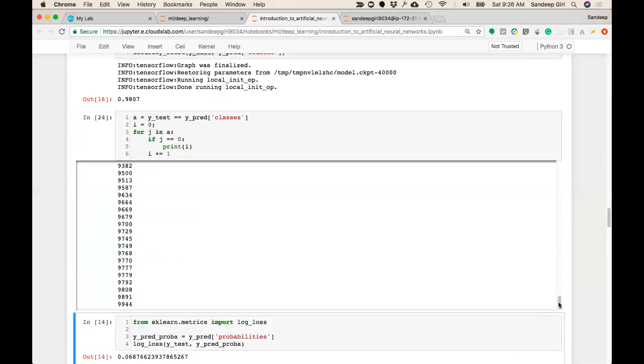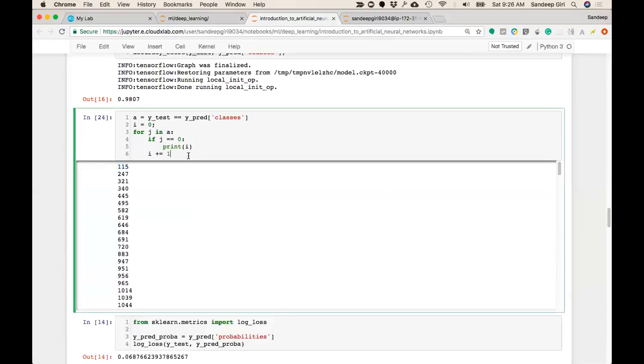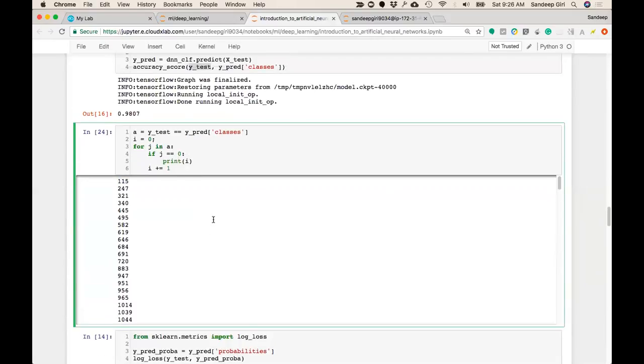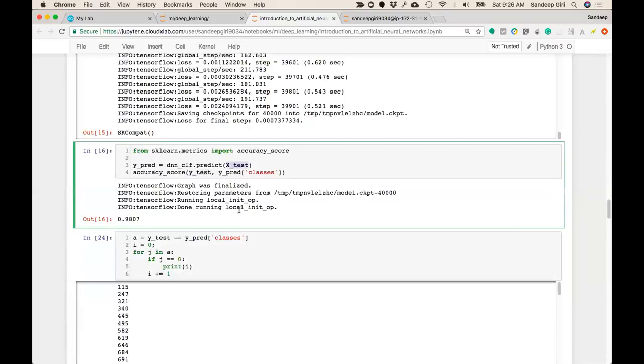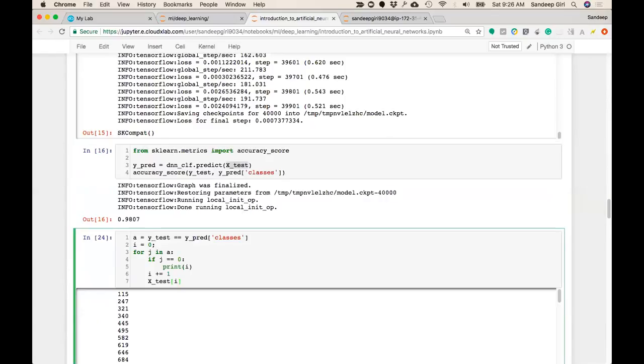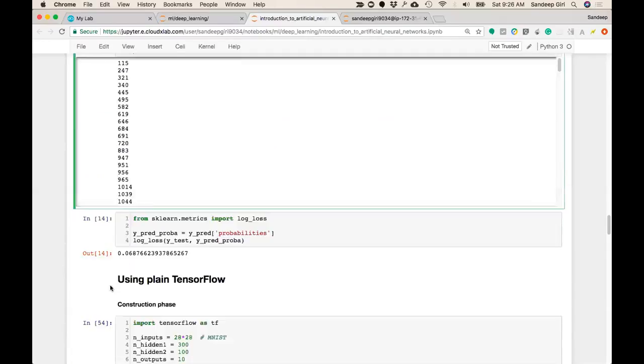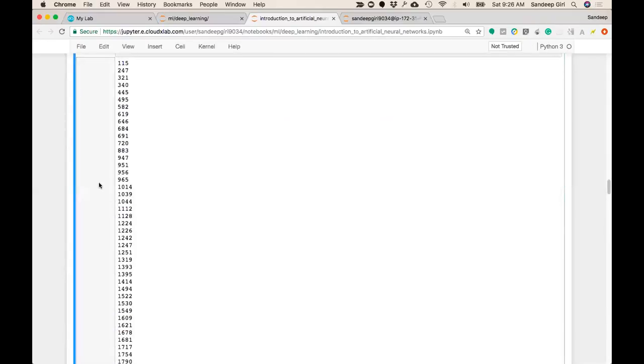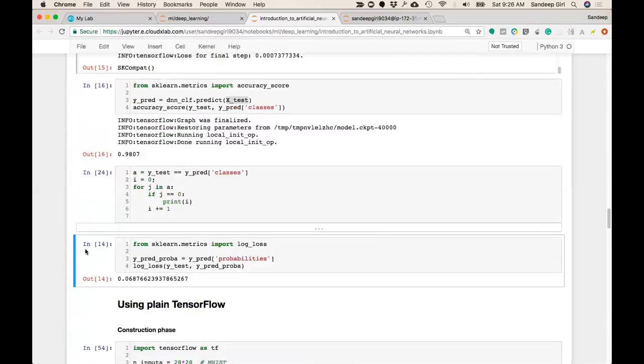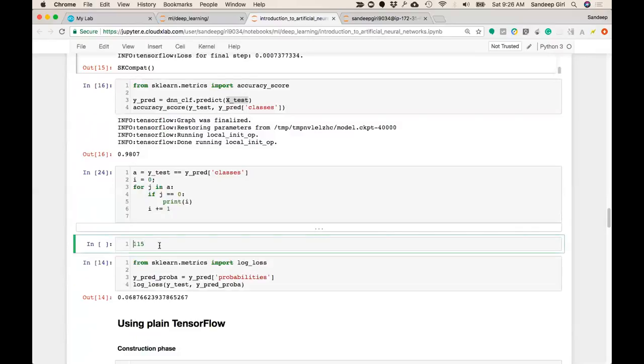So these are the values for which it is giving errors. These are the indexes. Let's take a look at this, and what was the name of the X test? X test. So we could plot this particular image.